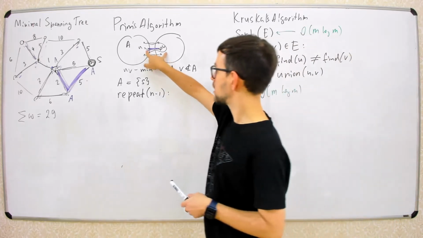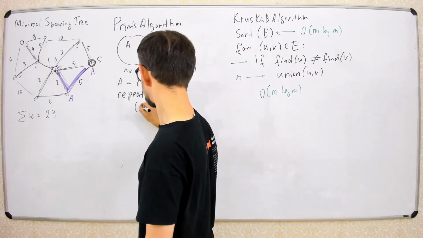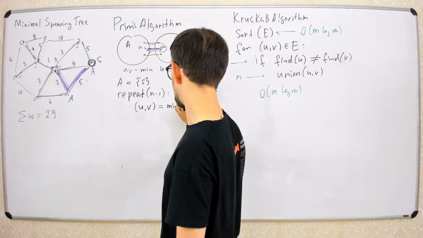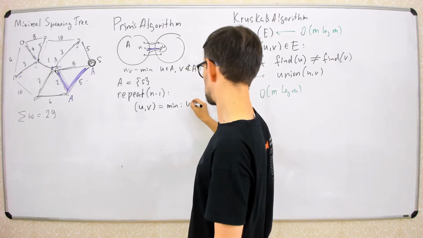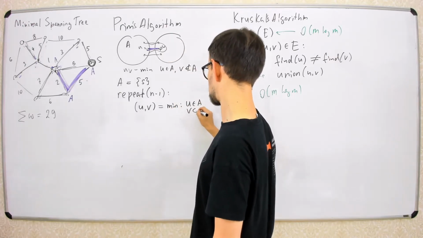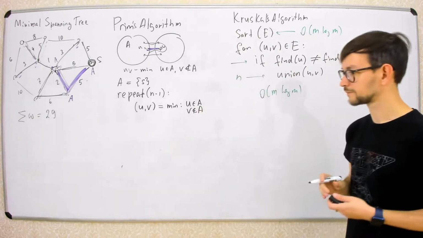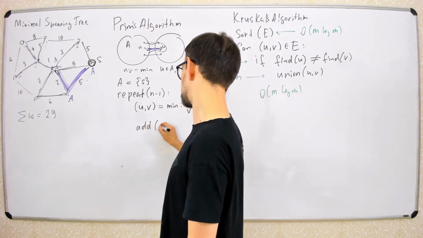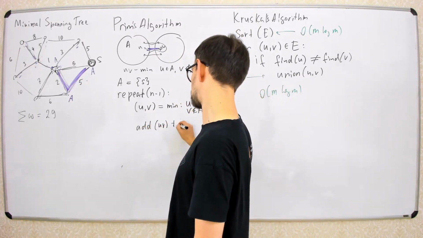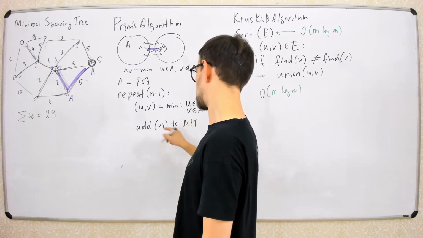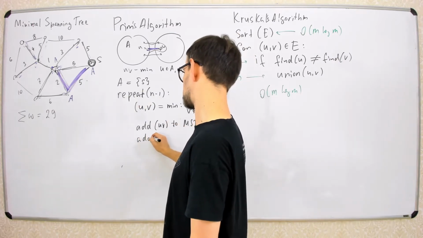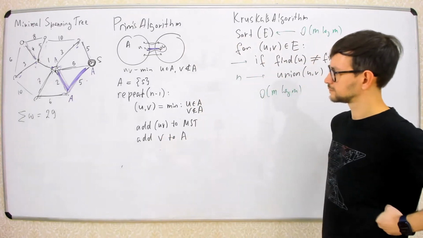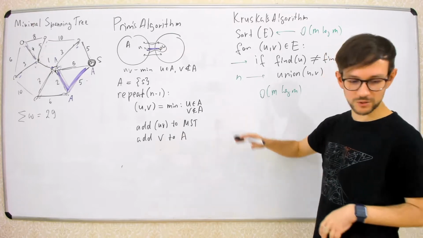We take the minimal edge between A and everything else. I will just write very much pseudocode. It will be the minimal edge such that u belongs to A and v does not belong to A. And we just add this uv to the MST and add this v to set A. It's very much pseudocode.